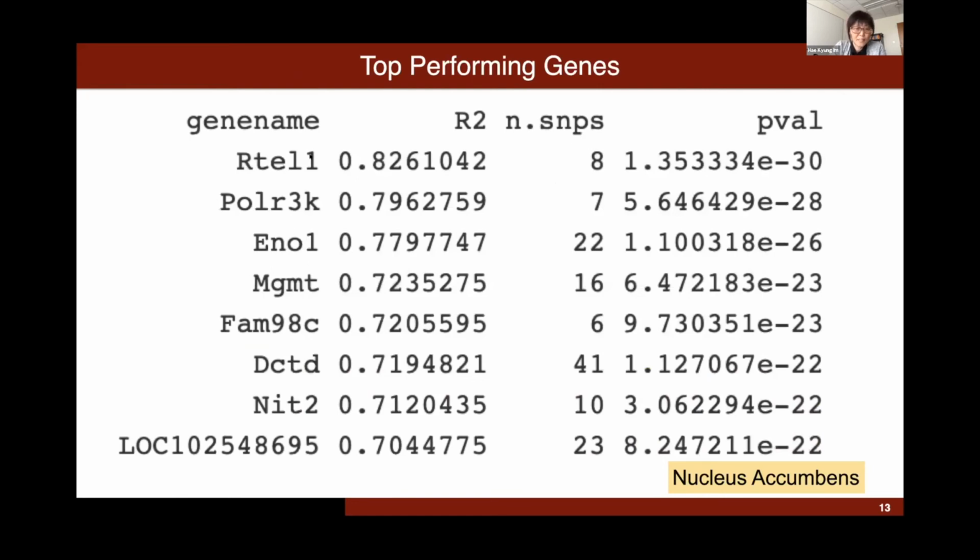Here is just a list of the best performing genes. The R squares were calculated in a cross-validated manner, so this is not overfitted. We can see these are pretty high R squares, and p-values are all significant.